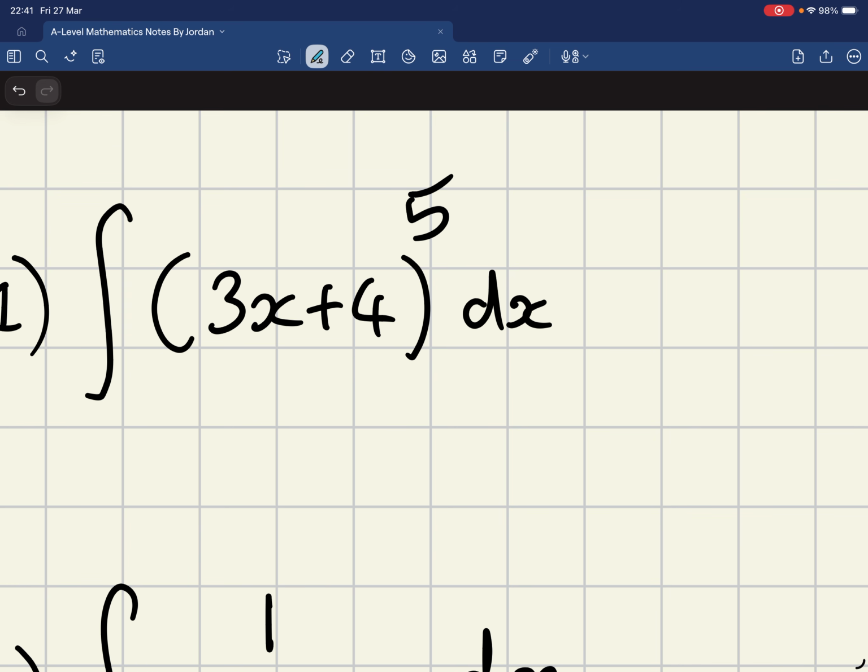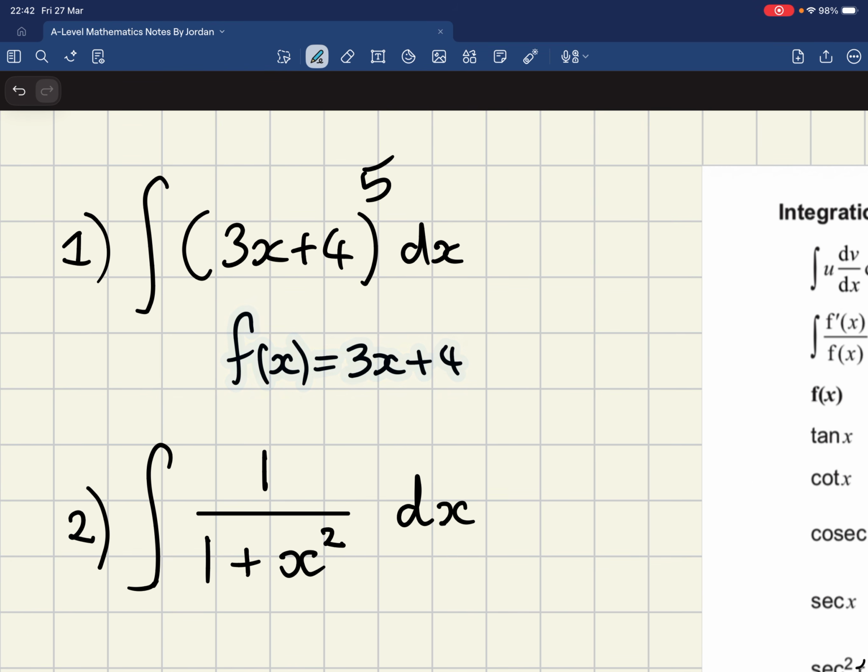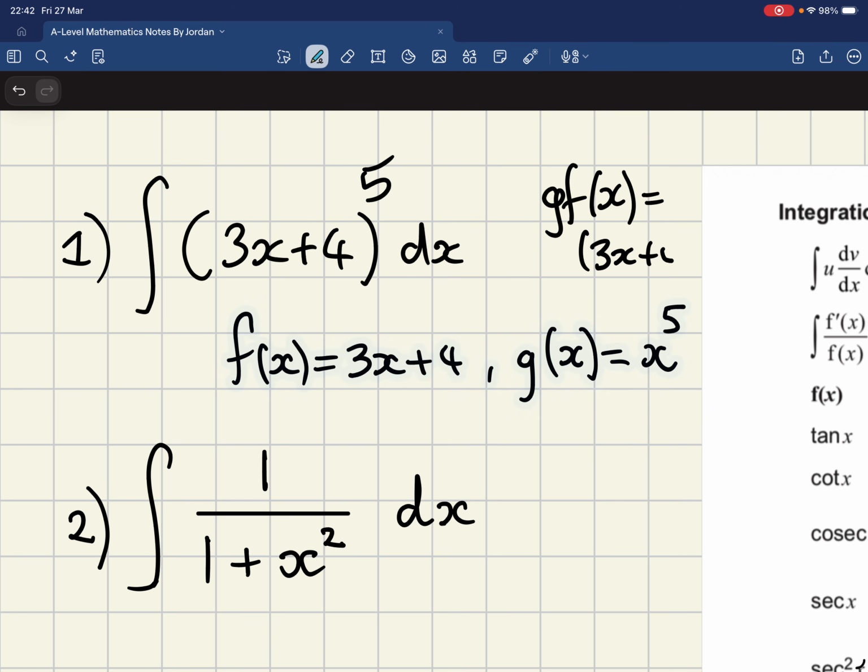For example, f of x to be 3x plus 4, and if we had g of x to be x to the 5, then if we did gf of x, it would actually be 3x plus 4 to the power of 5, which is what you see there.